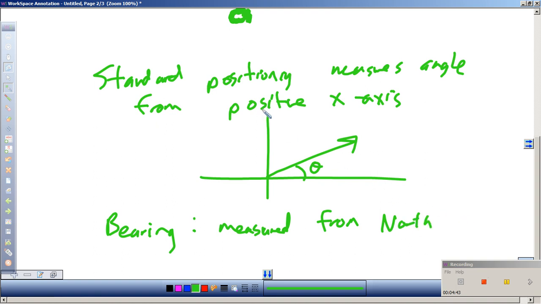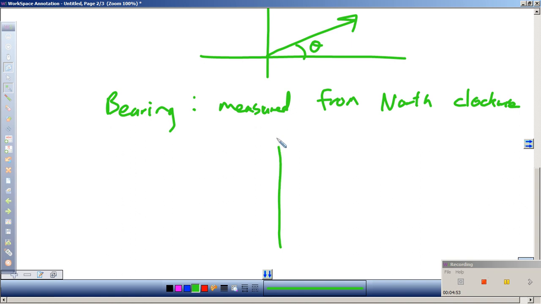And in this case, we go clockwise. So if we had this one, we'd be measuring this angle. If it's in standard position, we get one measurement. If we're measuring a bearing, and it's talking about north, south, east, west, most likely you're dealing with bearing.